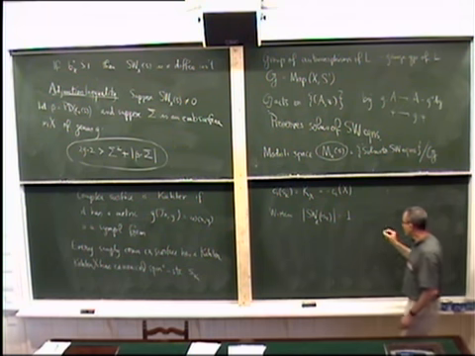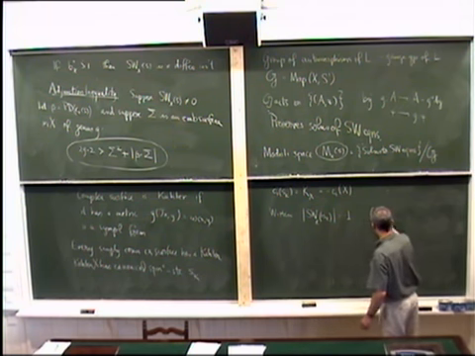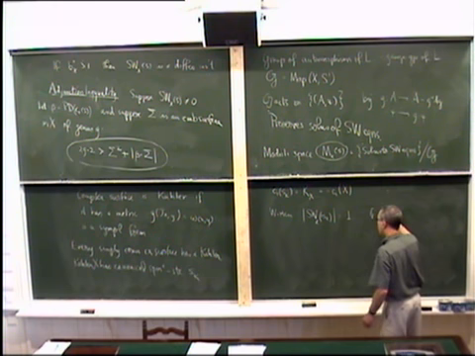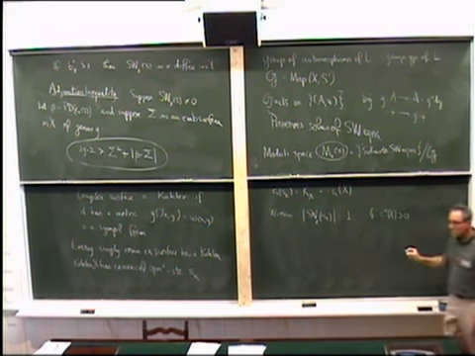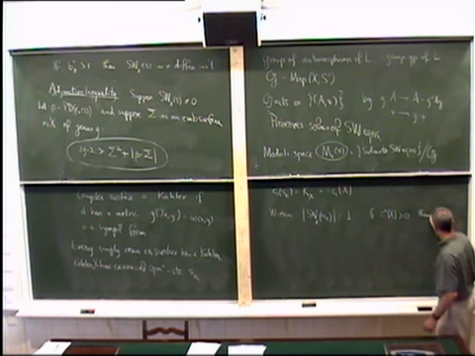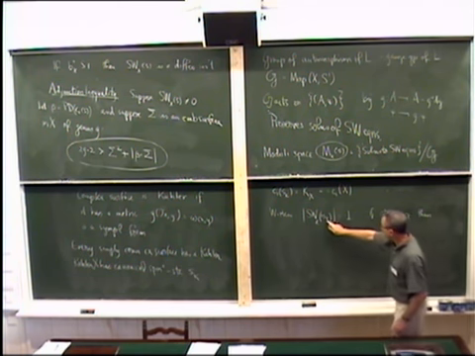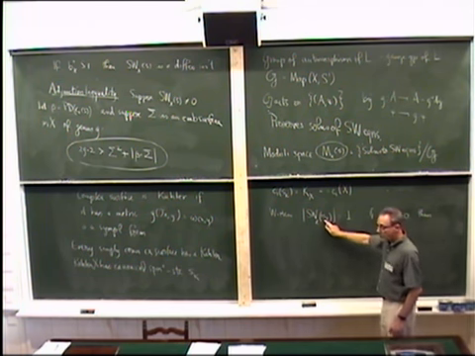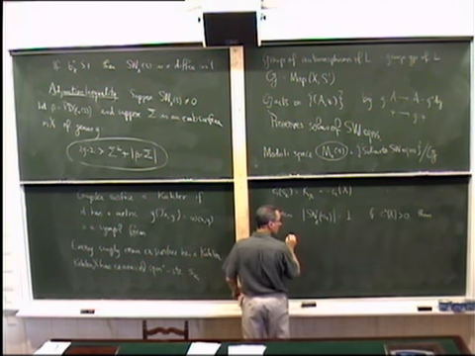And furthermore, if c1 squared of X is positive, so this is a surface of general type, then these are the only classes with non-trivial Seiberg-Witten invariants.